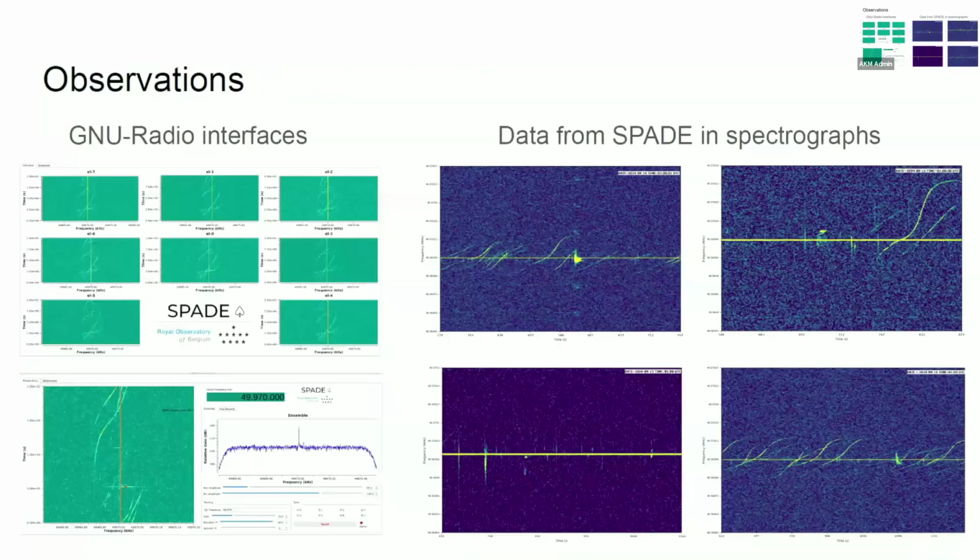So for the observation, as we use SDR, we control all the orientation and all the following that we want to do for the beam with a software. In our case, we use the software GNU Radio that allows us to get that kind of interface that we developed.